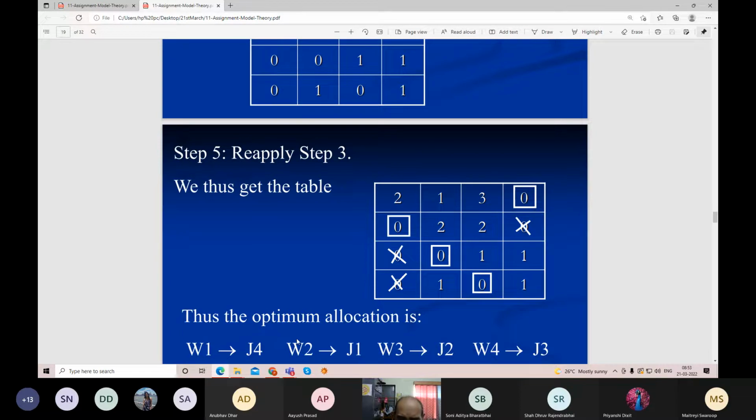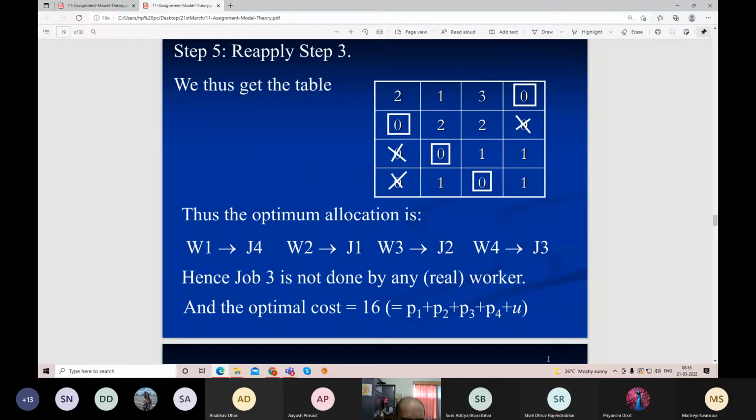Say optimal allocation, say W1 means worker 1 to job 4, worker 2 to job 1, worker 3 to job 2, and worker 4 to job 3. So in this manner we have assigned.